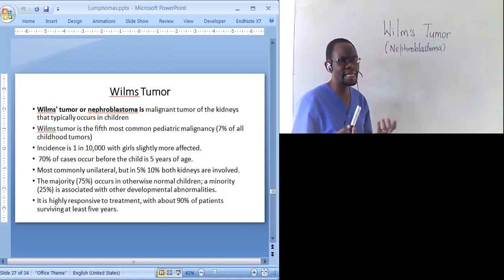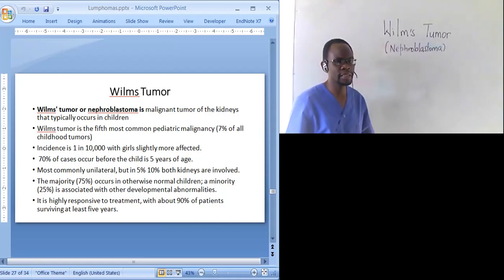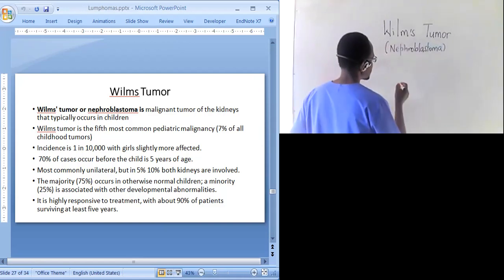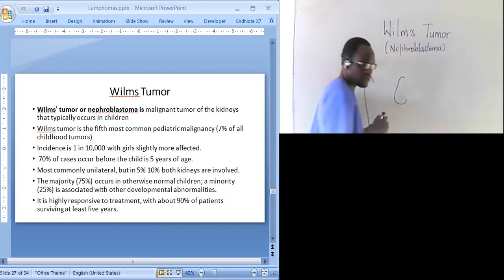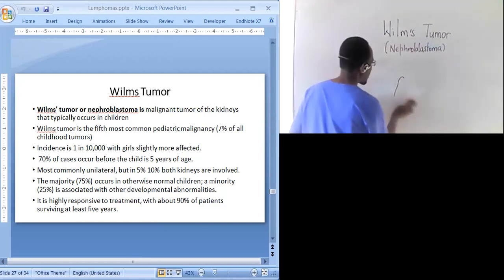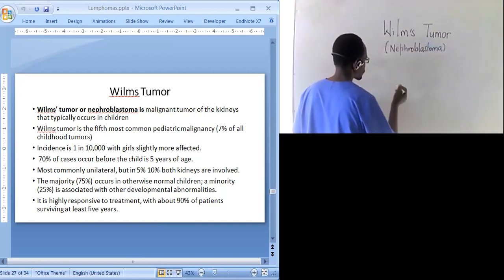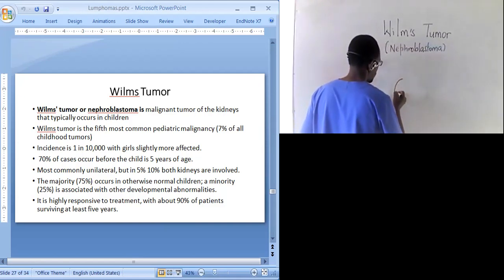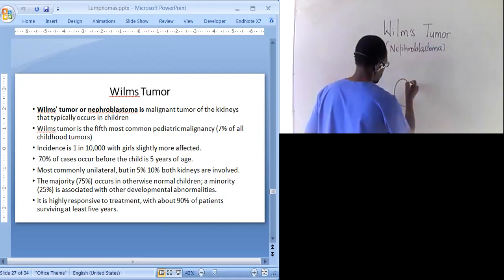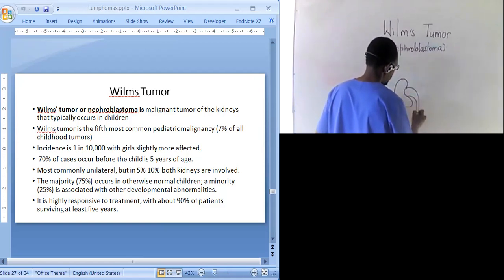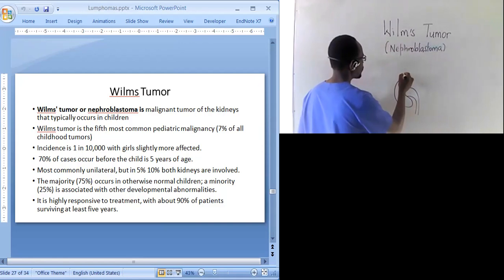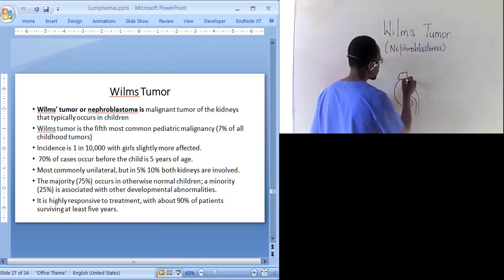It's basically a malignant tumor of the kidneys. In other words, if these are our kidneys, then you can have the tumor develop around here.